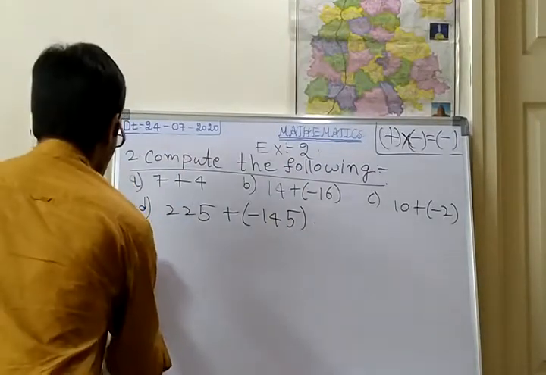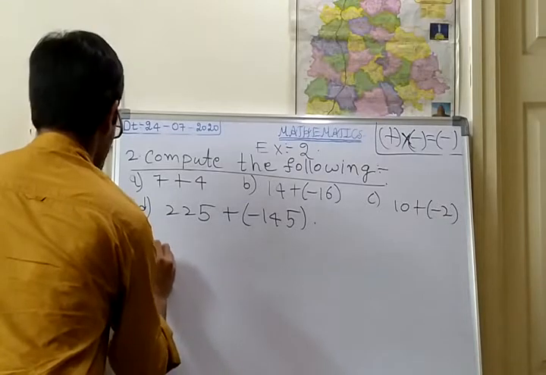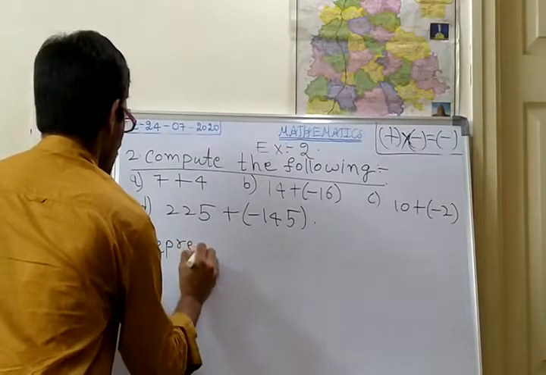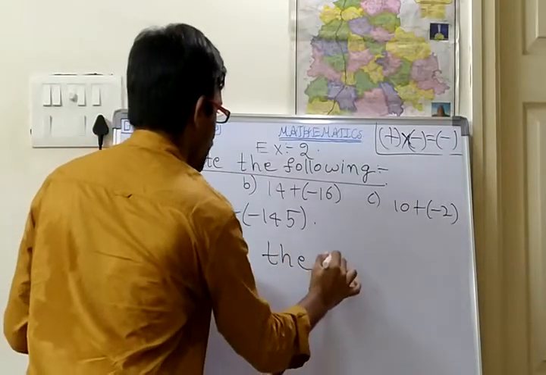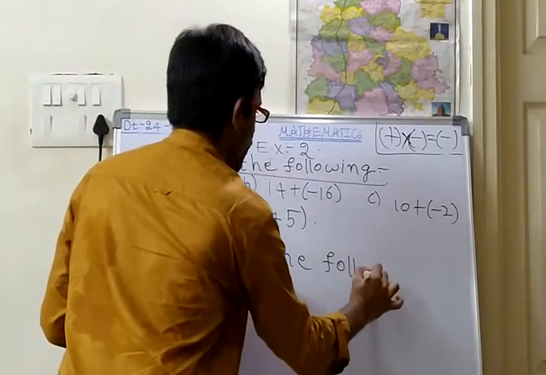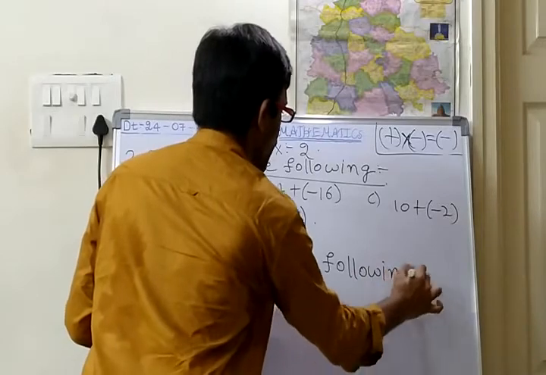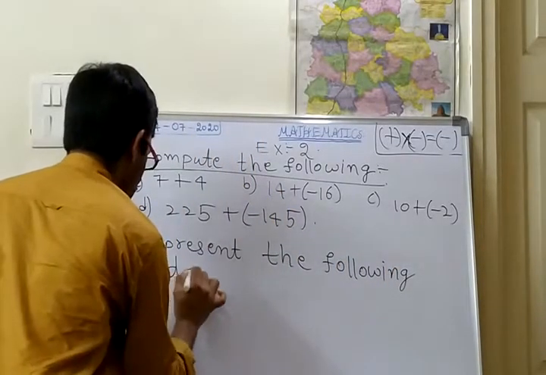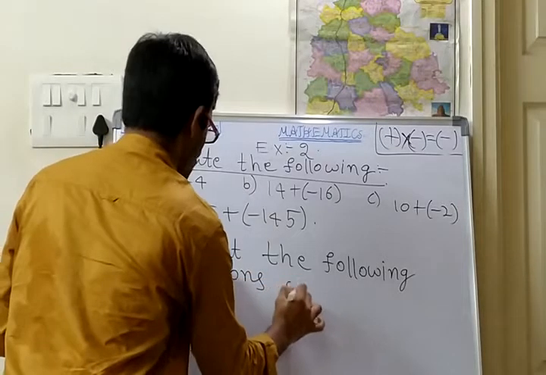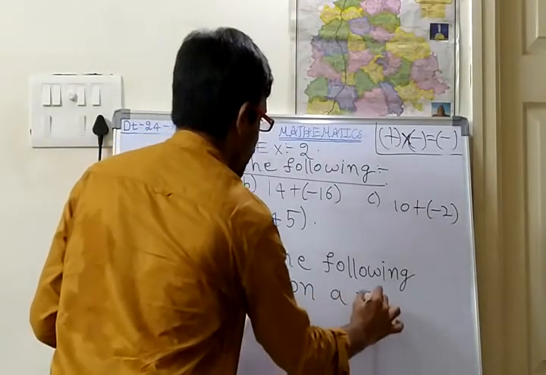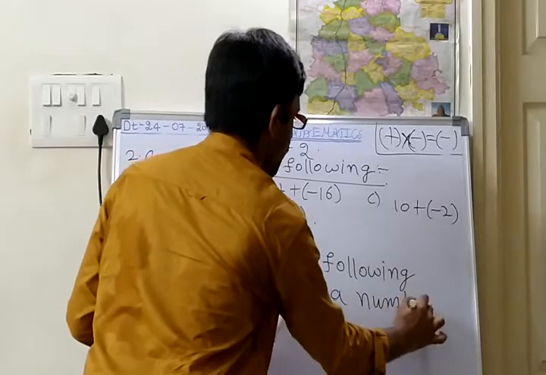So now from the first bit, represent the following additions on a number line.